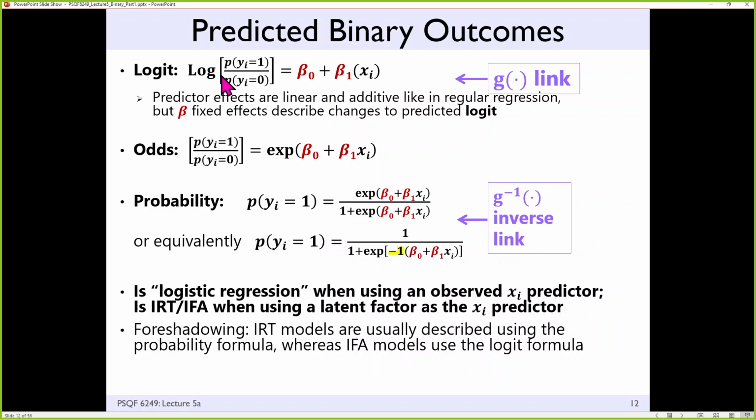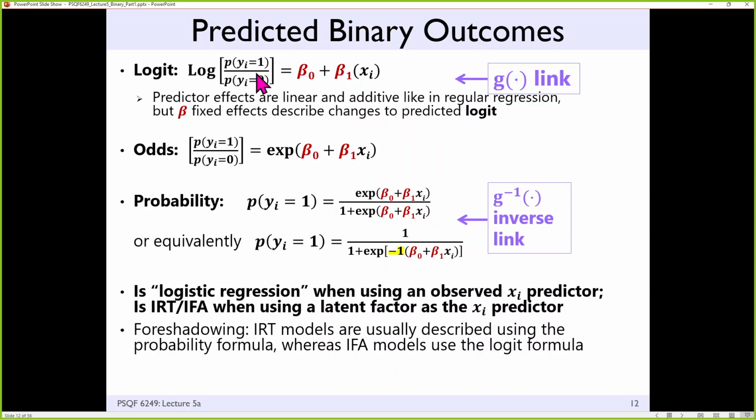The logit of the probability of a 1 here is a function of an intercept and a slope. And I can talk about this intercept and this slope in the exact same words as usual. Beta 0 is my predicted outcome when x is 0. Beta 1 is the change in my predicted outcome for a 1-unit change in x. The only catch is that when I say predicted outcome, I have to remember it's in logits.